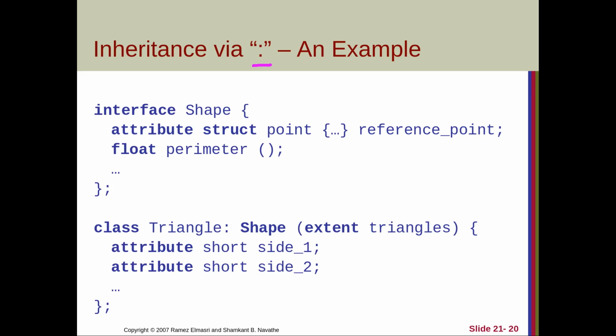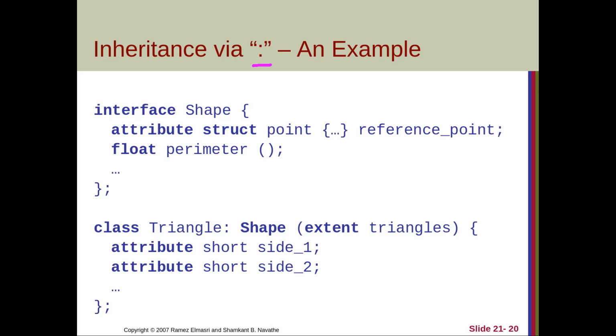So this is also an inheritance, but done by using colon. When we are specifying colon, this is for inheriting an interface into a class, not only between two interfaces. For including some features of an interface into a class, we are using colon.